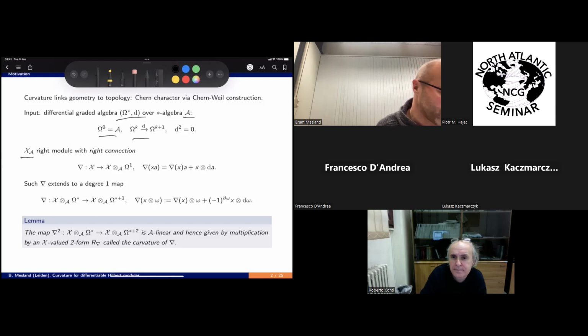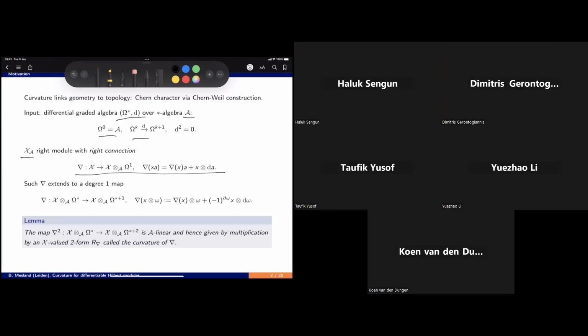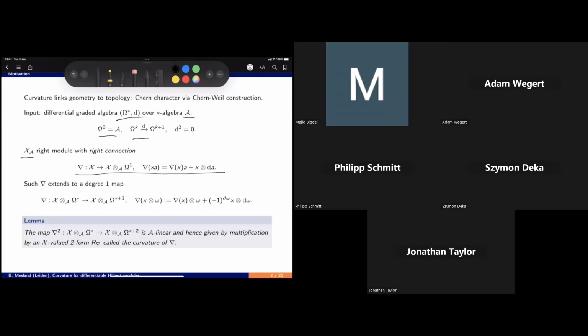And on this module, we consider a right connection. So that's a map here in the middle from X to X tensored with the first part of our differential graded algebra, and the tensor product should be balanced over A. And then the connection should satisfy this Leibniz rule that I've written out relative to the differential.